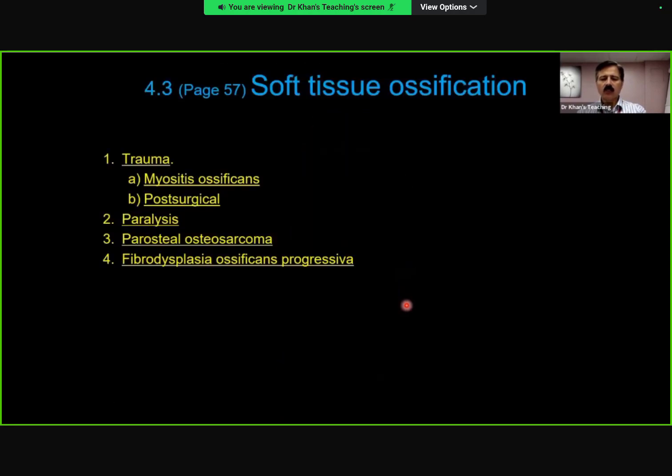Now, in your Chapman, there is a 4.3 soft tissue ossification, there is a difference between the word ossification and calcification. And here, parosteal osteosarcoma is given as one of the differentials.